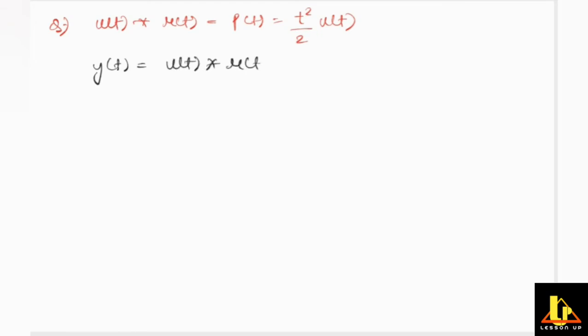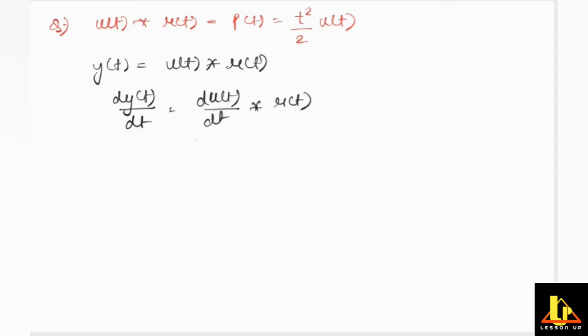Now next question, u of t convolution r of t is equal to p of t, which is t square by 2 u of t. Now if y of t is equal to u of t convolution r of t, then dy of t by dt is equal to du of t by dt convolution r of t.